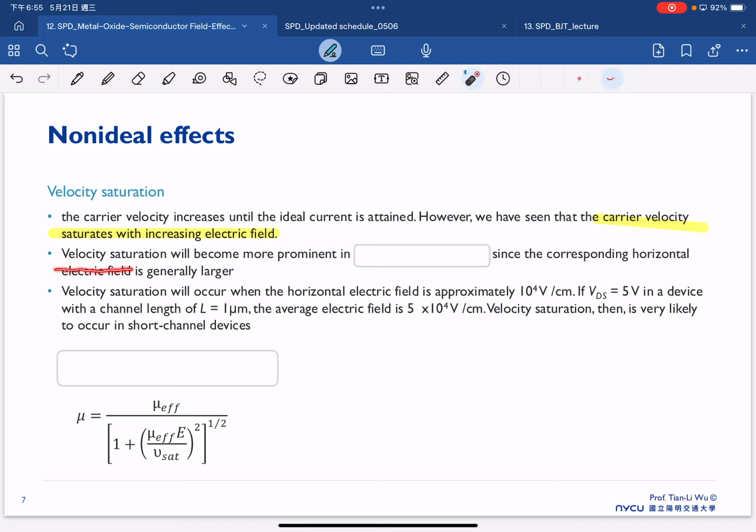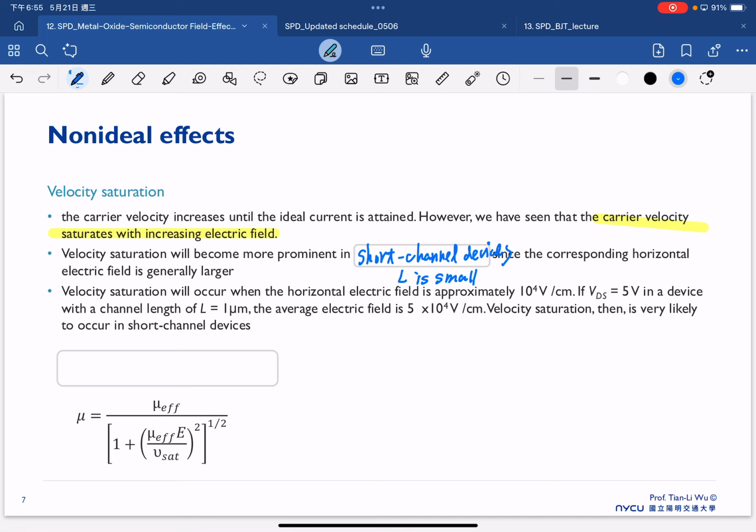And velocity saturation becomes more obvious in the case of a short channel device. A short channel device is a device that has a smaller channel length, which means that the channel length L is small.